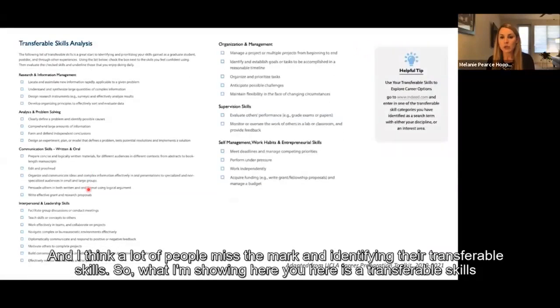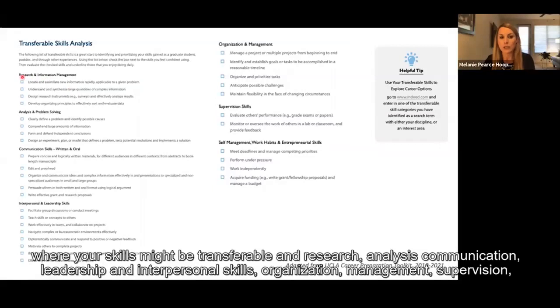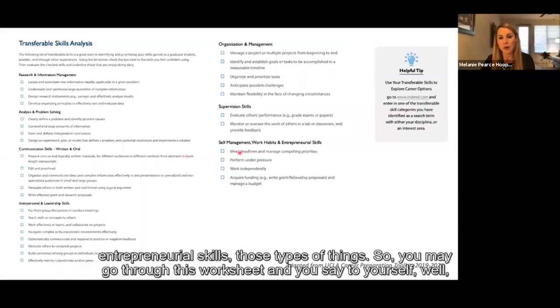So what I'm showing you here is this transferable skills worksheet, and this is adapted from UCLA's Career Preparation Toolkit. It's really, really good, and it's organized in a way to showcase where your skills might be transferable in research, analysis, communication, leadership and interpersonal skills, organization, management, supervision, entrepreneurial skills, those types of things.